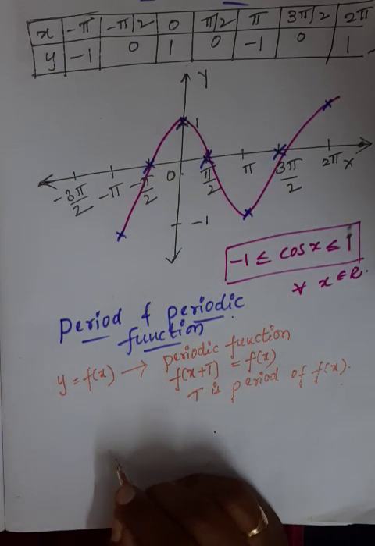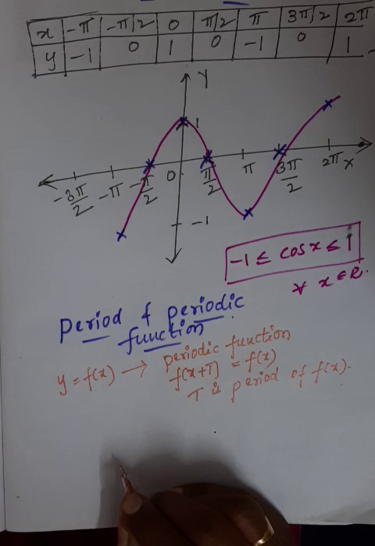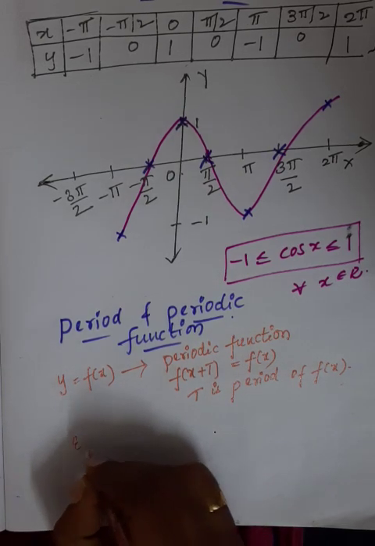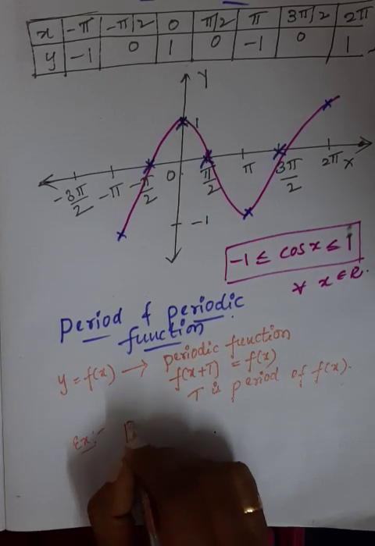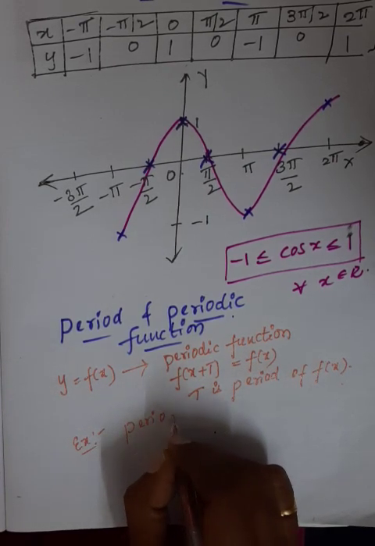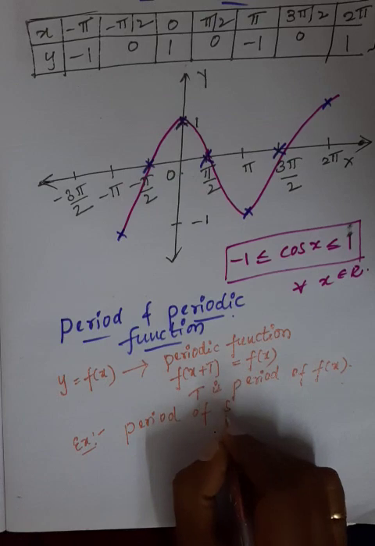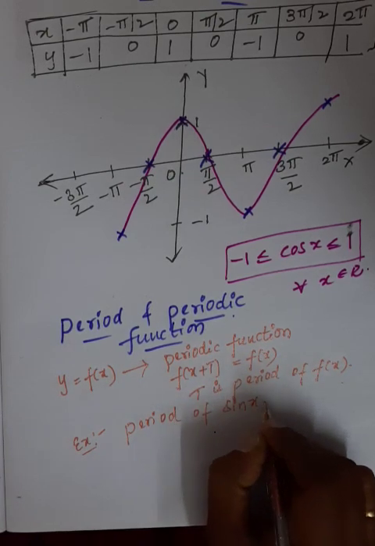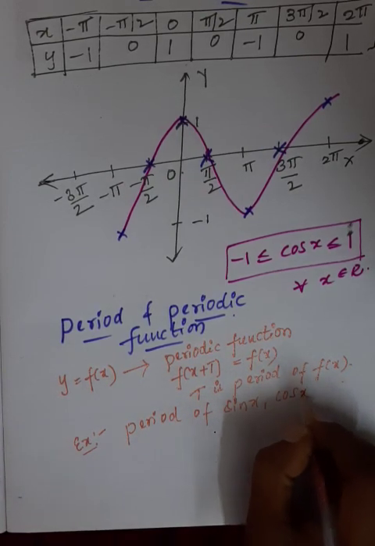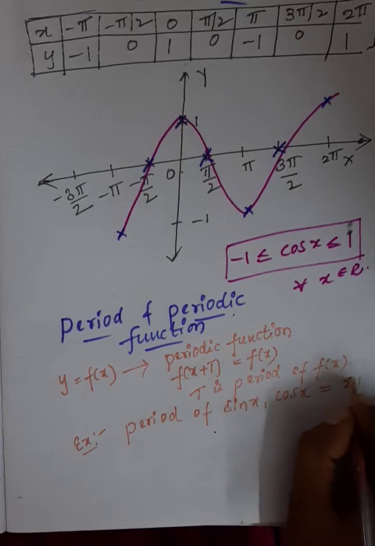The trigonometric functions are periodic functions, and the period of sin x and cos x is 2 pi.